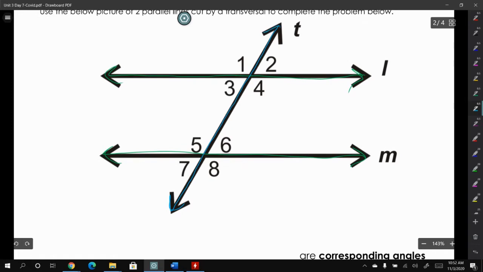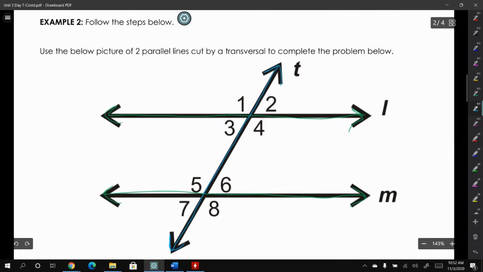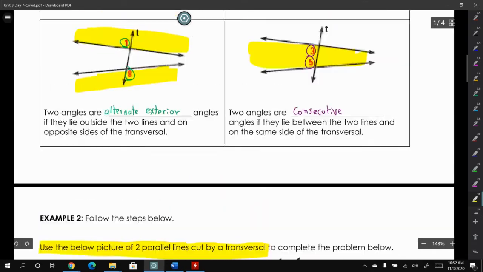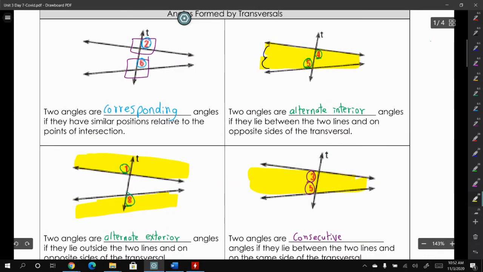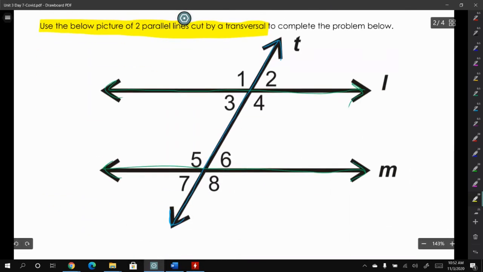So what we're going to do is list all of our angles, all of our relationships, and then we can determine if some angles are congruent to each other or not. And this is only true when the two lines are parallel and cut by a transversal. Again, up here, those two horizontal lines are not parallel. Down here they are.